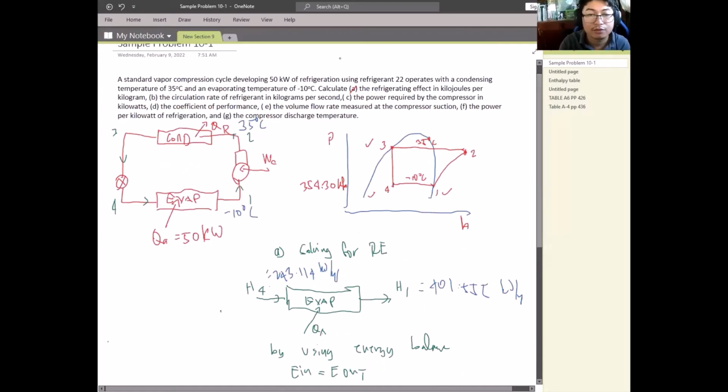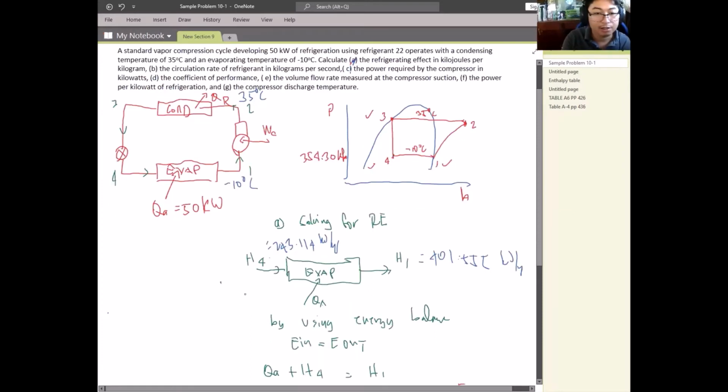Okay, so we can now cancel out the A. So let's go for the letter B. The circulation rate of the refrigerant in kilograms per second. Kilograms per second means the mass flow rate. So we will solve for the mass flow rate of the refrigerant.